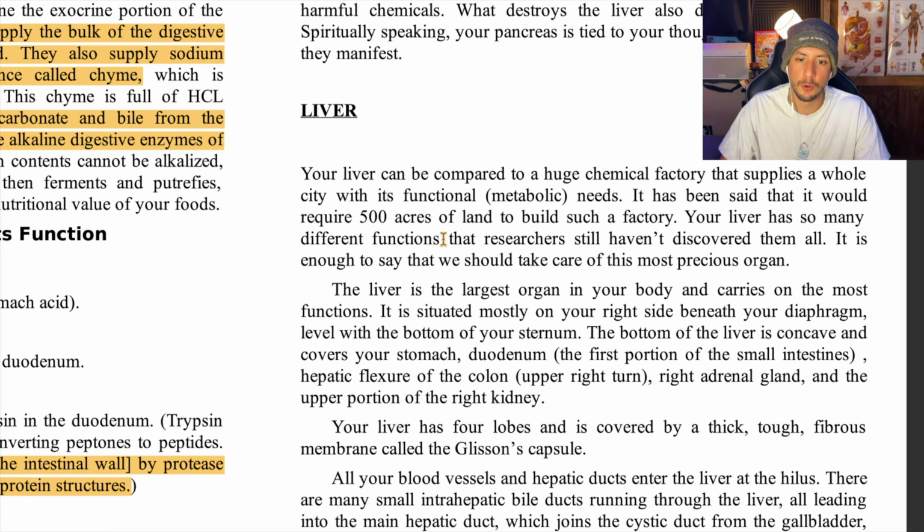Your liver has so many different functions that researchers still haven't discovered them all. The body is an enigma. Especially if you learn physics, you're like, okay, at a certain point, most of this makes sense, until you get to the micro level. And then there's biology, which is like, how are you doing all that?